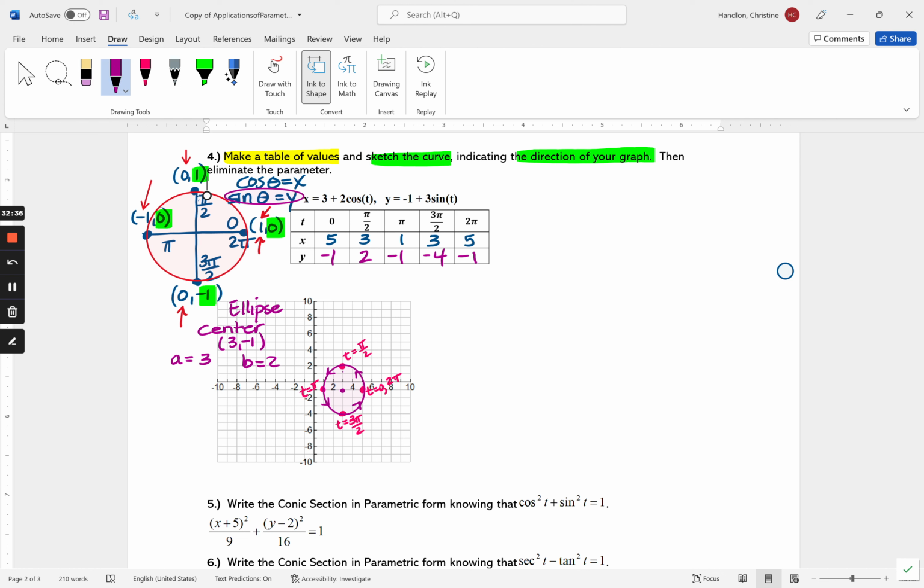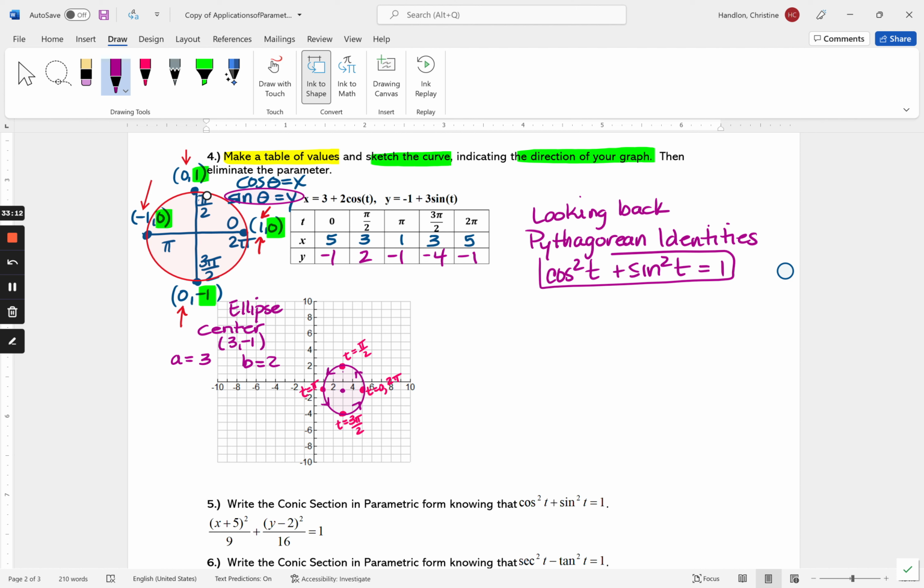Looking back at first semester, you're going to recall that we had something called the Pythagorean identities. One of the most important, and as a matter of fact, the first one you learned, was that cosine squared t, or theta is the way you learned it last semester, plus sine squared t was always equal to 1. So keep this in mind.